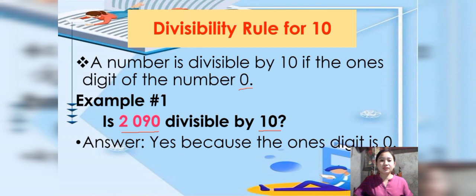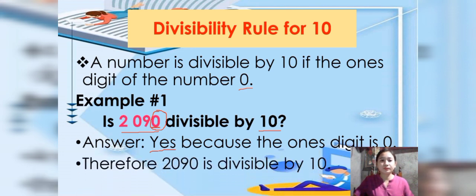The answer is yes. Why? Because the digit in the ones place is 0. Therefore, 2090 is divisible by 10.